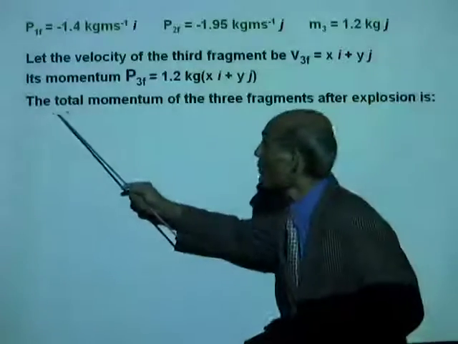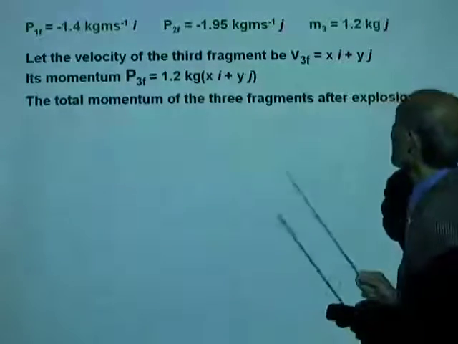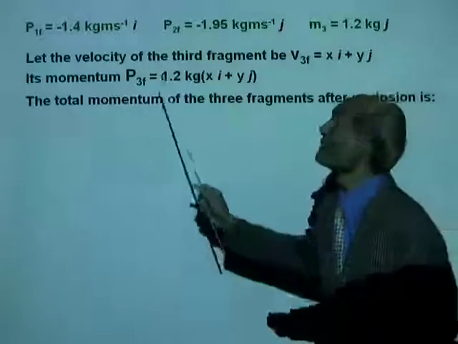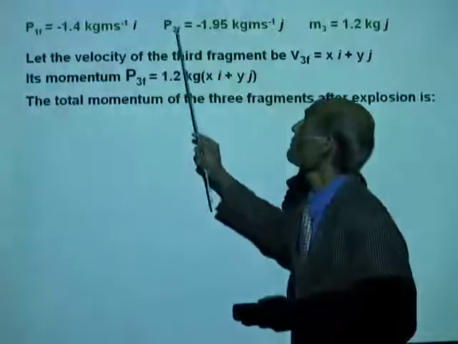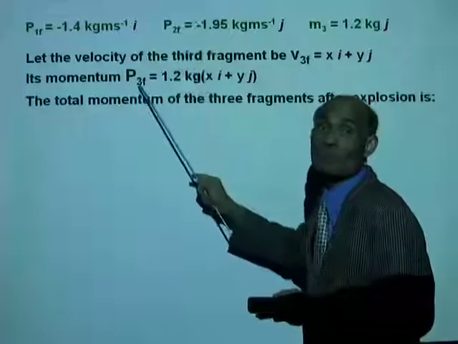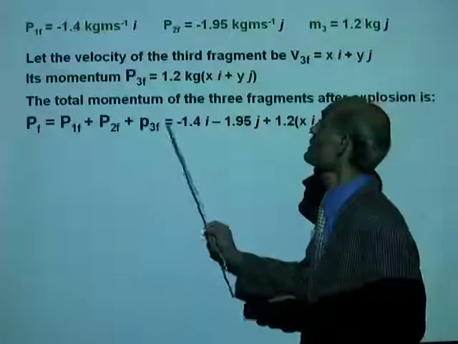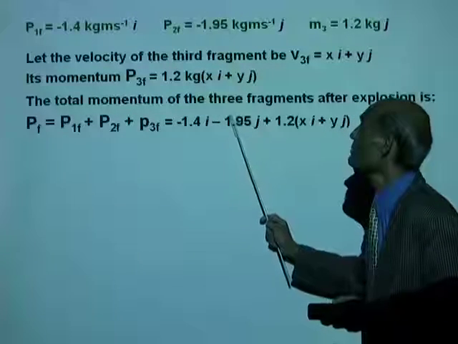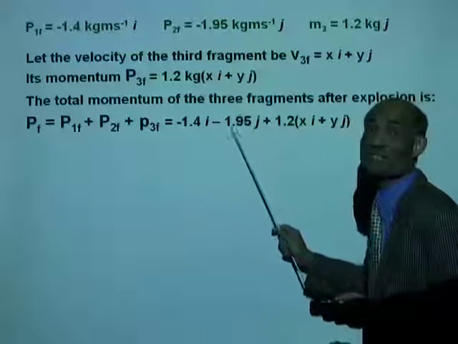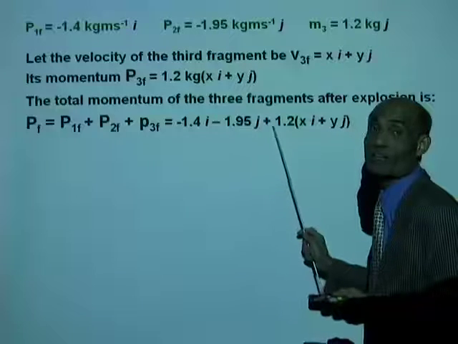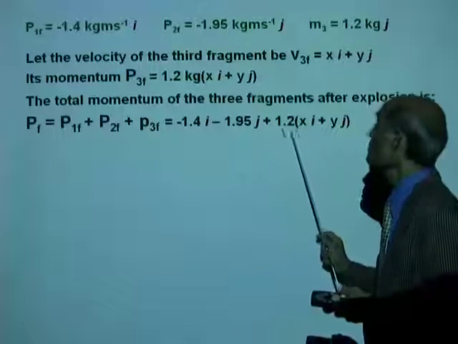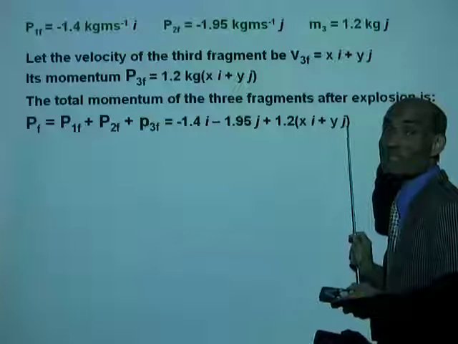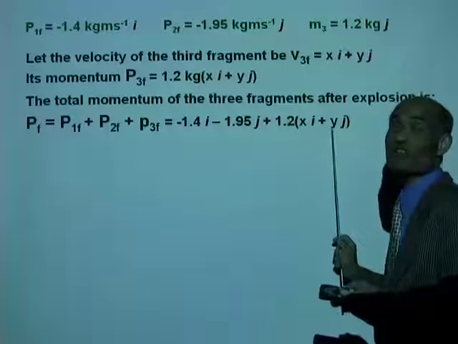Now, what is therefore the total momentum of the three fragments after explosion? It will be P1F plus P2F plus P3F. This is P1F, negative 1.4. This is P2F, negative 1.95. Plus, this is P3F, mass of the third fragment, times its velocity in the component form.